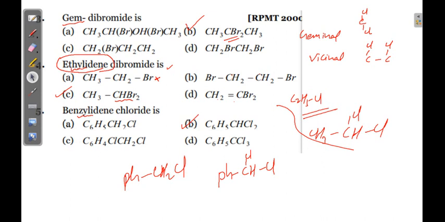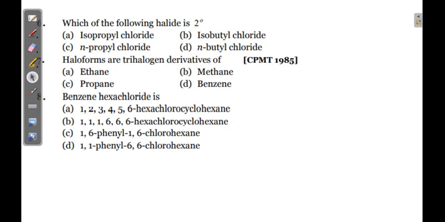Okay. Next, these are direct questions. Question number 6. Which of the following halides is secondary? You have to write the structure. Isopropyl chloride. Iso means Y shape. I told you, on the second last carbon, a methyl group is present. So isopropyl chloride, of course. Next, isobutyl chloride.